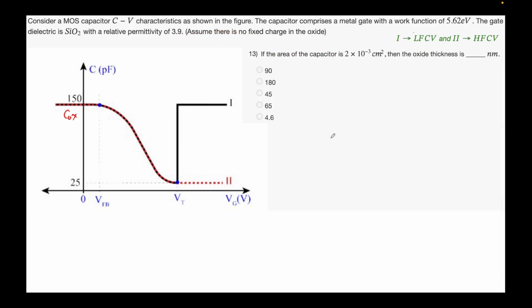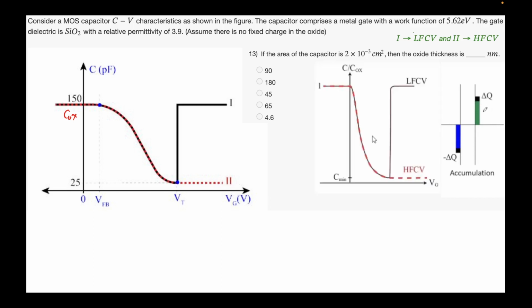Essentially this is the accumulation, and the charge modulation that you are seeing is happening here, right? Since it's a negative bias, if you apply a delta Q charge on the negative side on the gate, positive charge will appear on the semiconductor side, due to the holes present in the p-type semiconductor. Okay, so the capacitance, and this is the curve that we have, it's essentially the same curve that we see here, but what I mean to emphasize is this point.